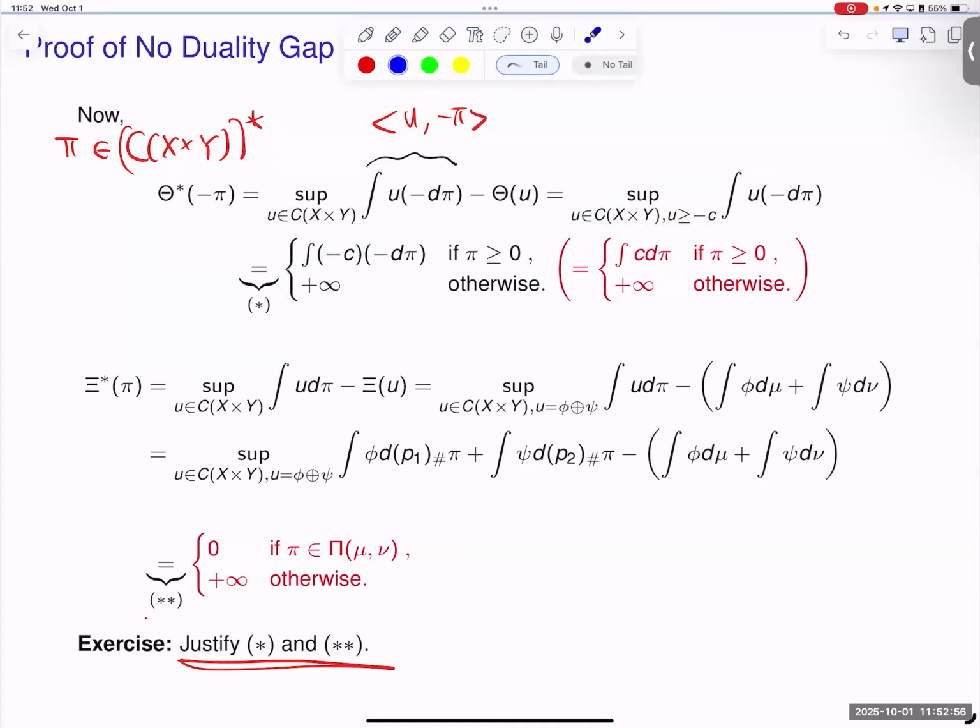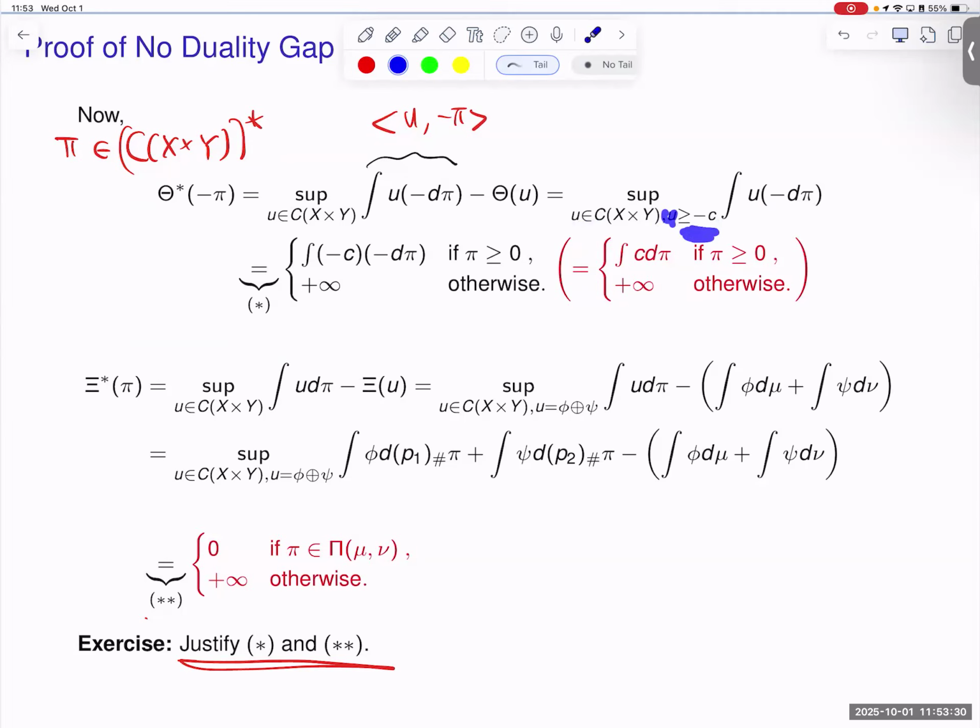Okay, why? Look at the case when pi is negative at some point. Just treat it as a function, let's say pi is a function of x and y. It's negative at some point. Then what happens? If it's negative at some point, then minus of that is positive, right? Then here for u, the condition on u is that it has only a lower bound.